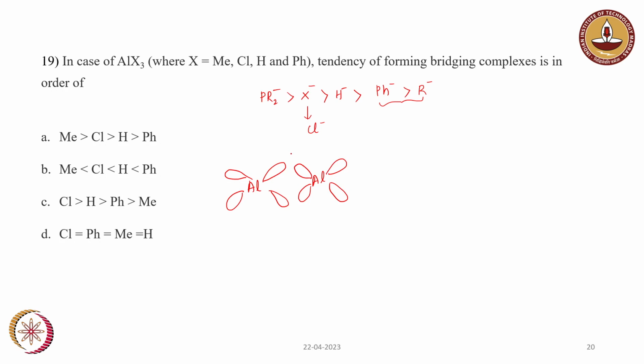So chlorine has lone pairs, so highly electron dense, so it can form the bridging bonds easily on aluminum. And similarly for hydrogen as well.